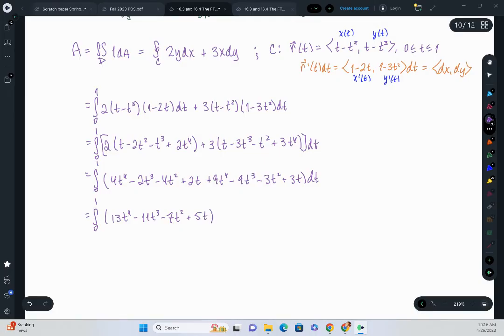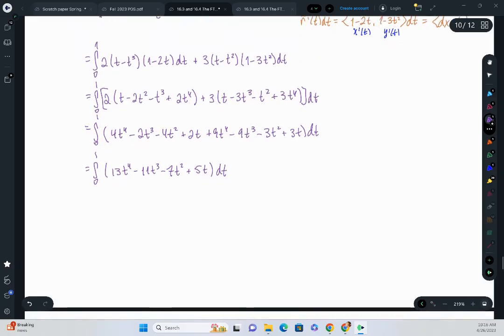And then I think those numbers are all good, dt. All right, now we can go ahead and integrate. This is going to be 13 fifths t to the 5th minus 11 fourths t to the 4th minus 7 thirds t cubed plus 5 halves t squared, evaluated from 0 to 1.